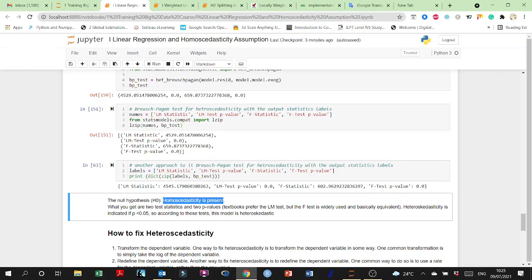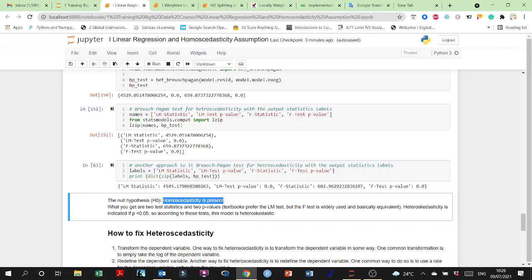Usually when you took your statistics course, you always rejected the null hypothesis. Rejecting the null hypothesis is usually a good thing, but over here rejecting the null hypothesis is not good for us, because we're rejecting the idea that the homoskedasticity assumption is present.